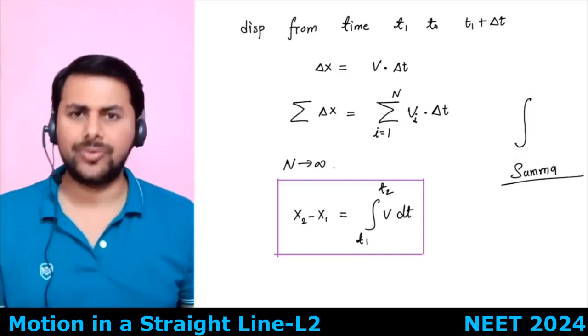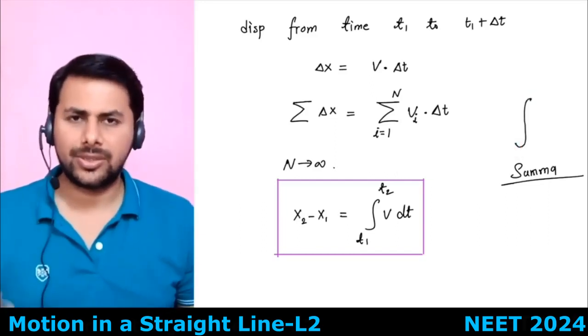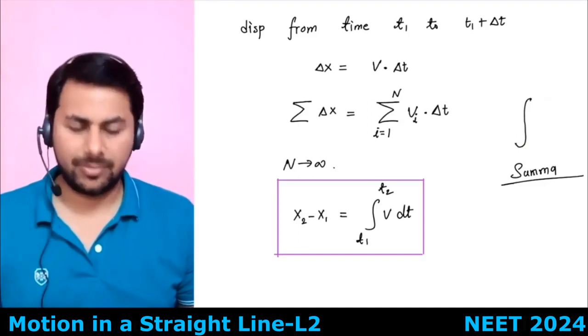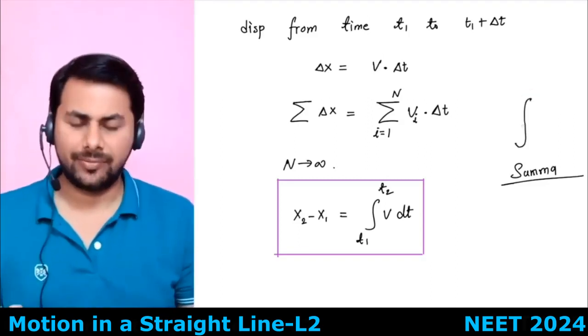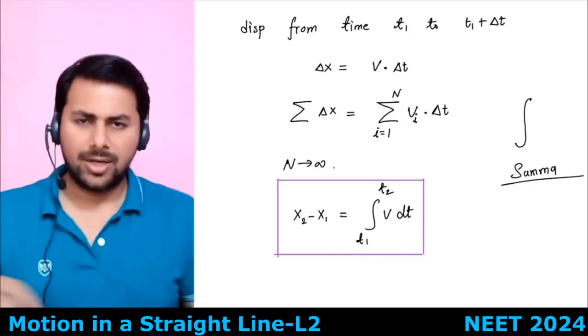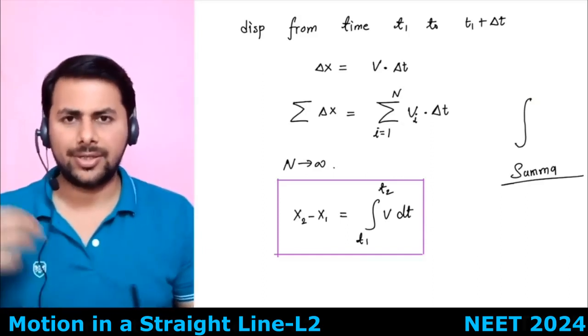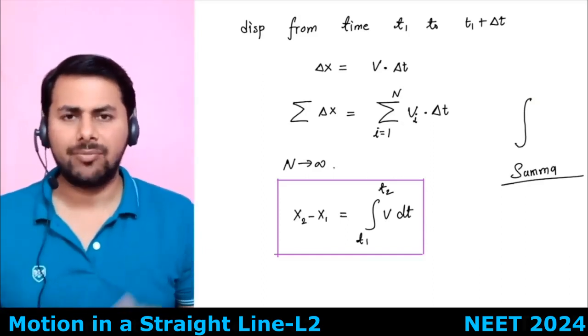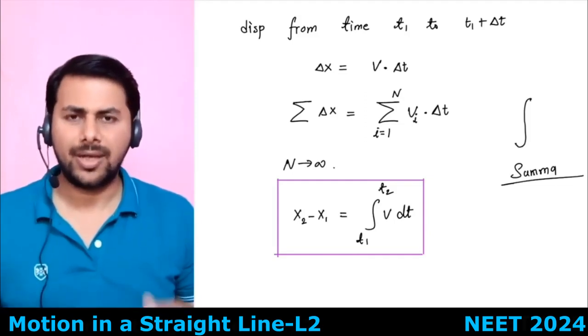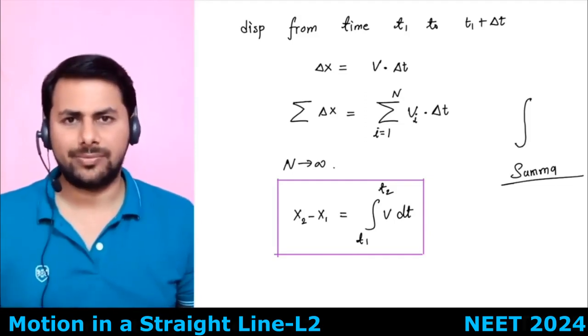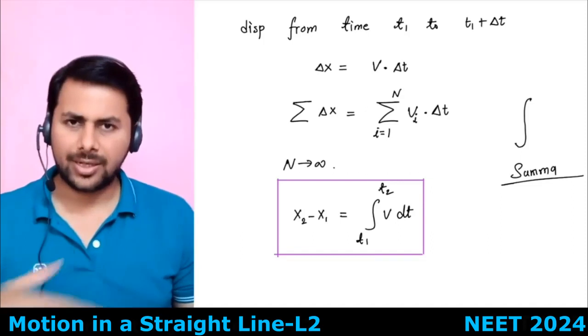It tells you that what you are doing is just taking a sum. This is the integral sign. It looks like an elongated s, and it reminds you that you are doing nothing else but taking a sum, but now you are taking a continuous sum.